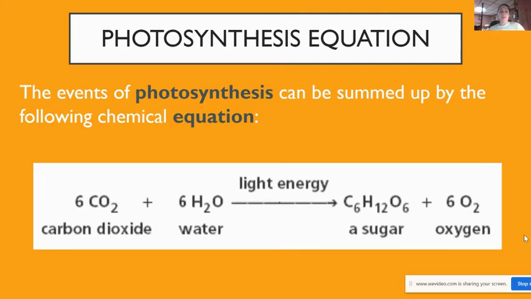Then the light energy, that sunlight, helps start the reaction and helps those molecules break down, and they rearrange to form a sugar and 6 oxygen molecules. If you count all the numbers up, we have 6 carbon dioxide on the left side, and then there's that C6 in the sugar, so that balances.